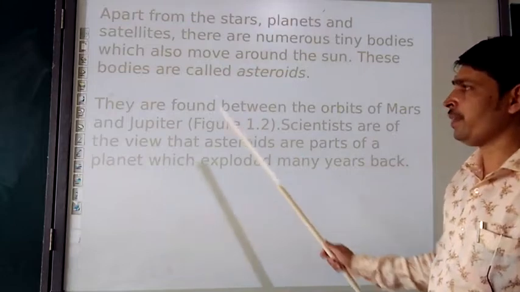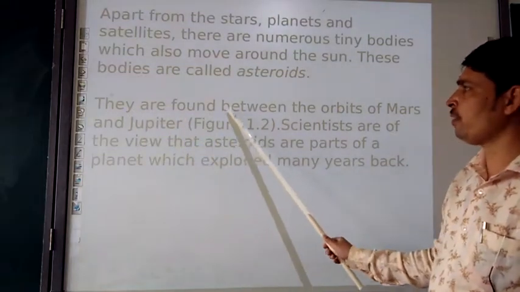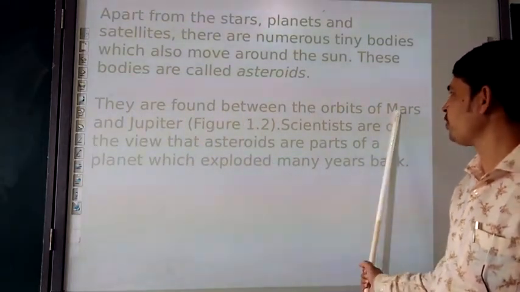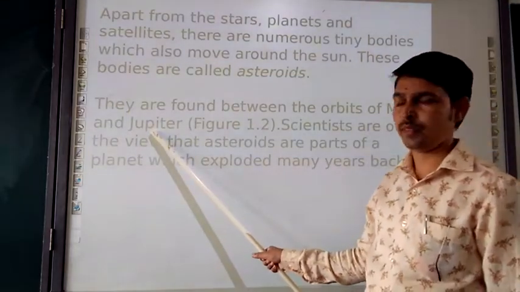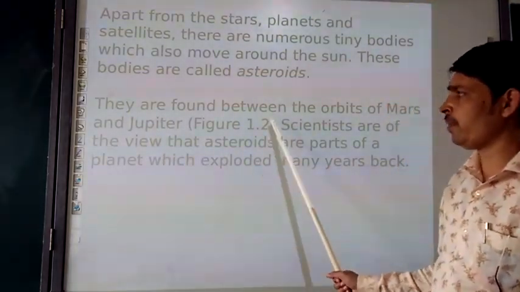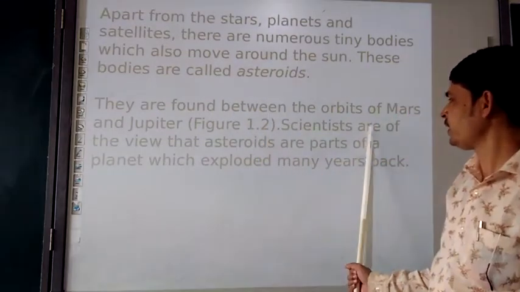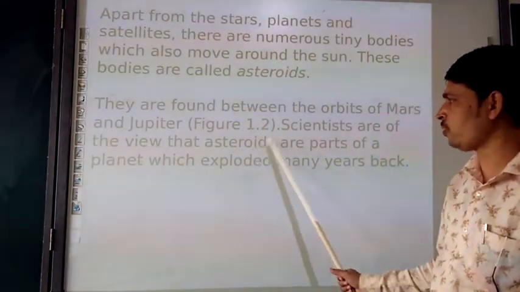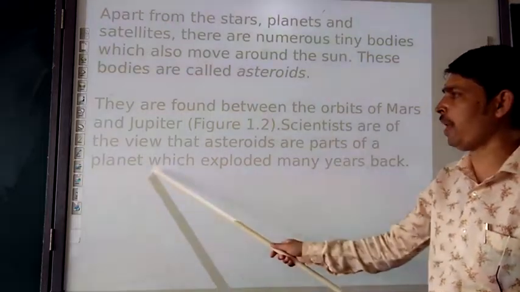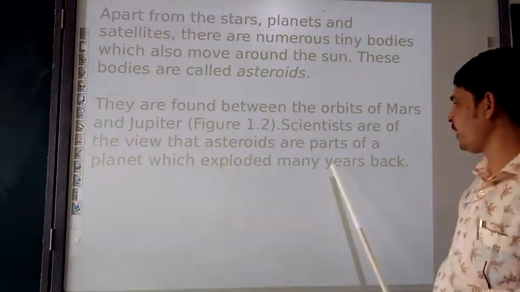Next, they are found between the orbits of Mars and Jupiter. Figure number 1.2 we had already seen. Scientists are of the view that asteroids are the parts of a planet which exploded many years back.